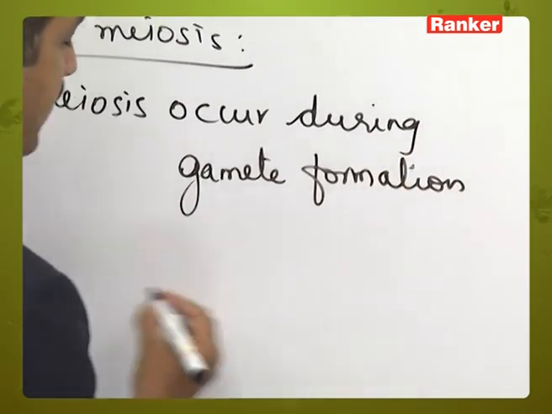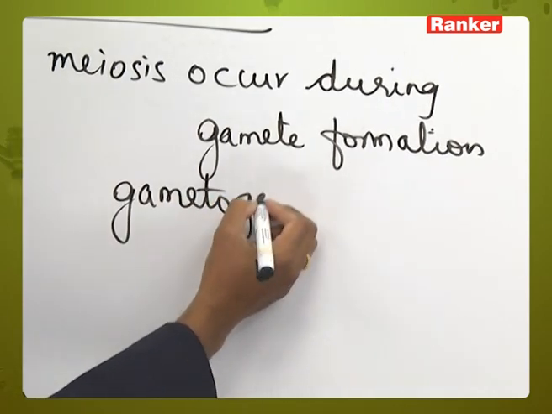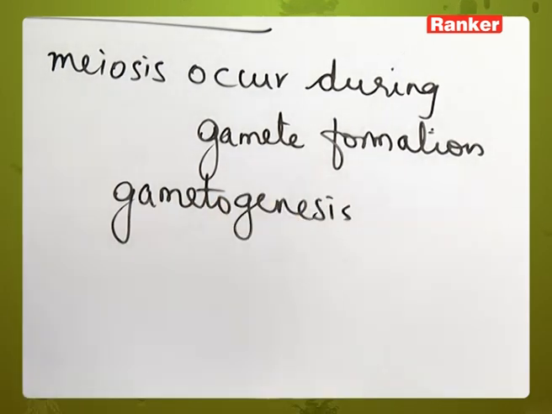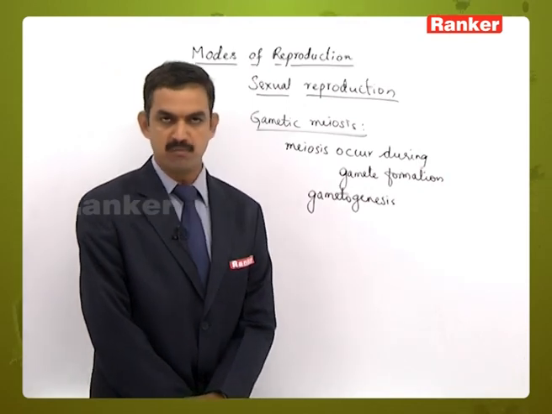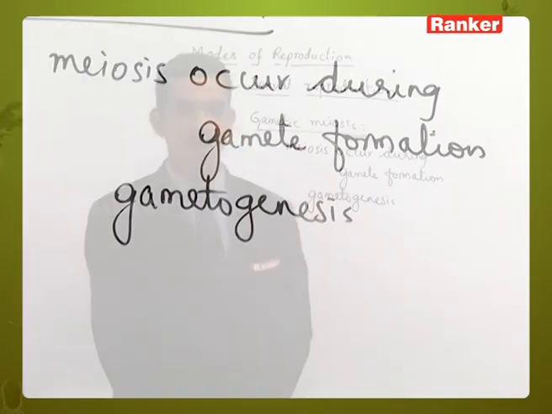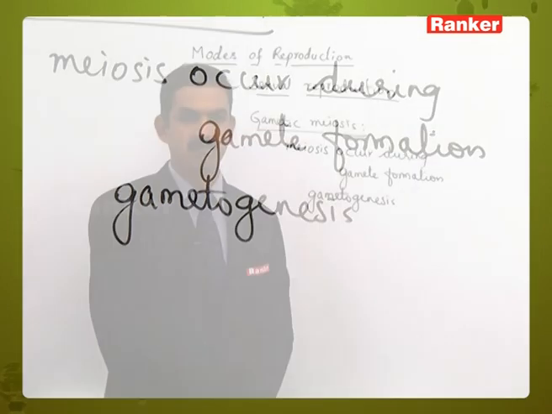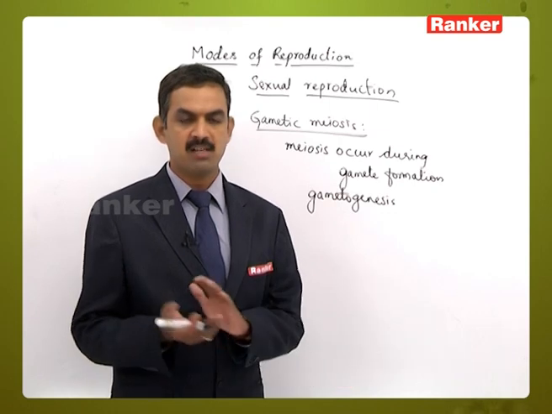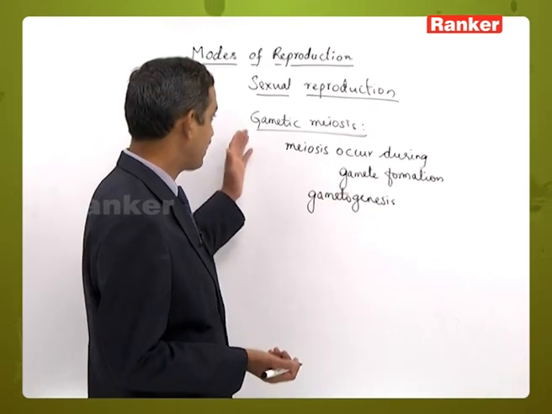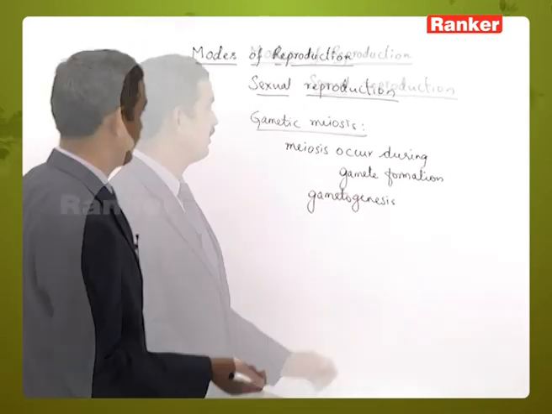Or simply to say, if meiosis occurs during gametogenesis, we call that gametic meiosis. Likewise, based on the stage of the life cycle in which meiosis takes place, the ploidy of the organism will be maintained, and three types are present: zygotic, sporic and gametic meiosis.